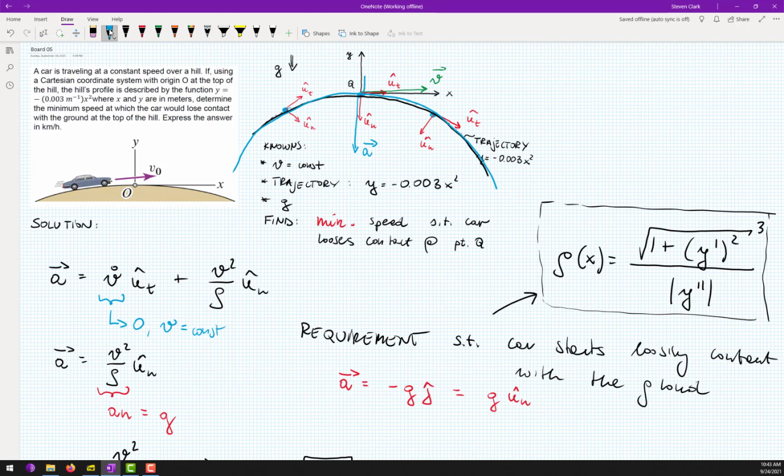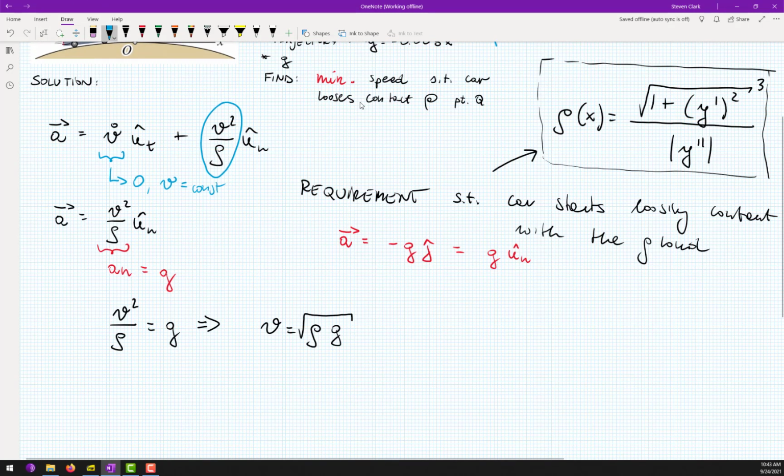Basically you will be pushed this way, and this is a function of velocity, as you can see. This is our centrifugal acceleration, and g always acts this way. If your velocity is some number, you can generate a centrifugal acceleration that is also g, and this is the minimal speed so that you will start flying in your car.